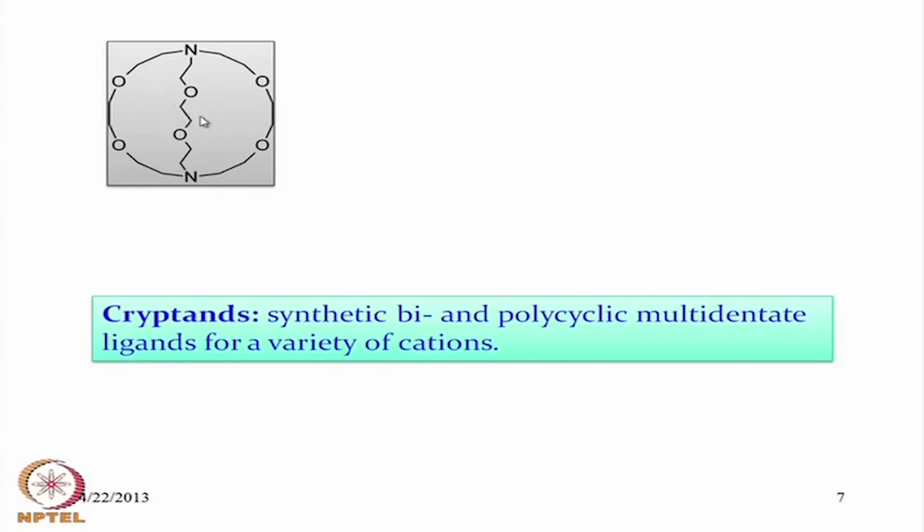So, when this potassium is centrally located, it binds to 6 oxygen atoms only, and these nitrogens are not utilized for any coordination to the metal center, because this particular nitrogen is pyramidal in nature. So, if the pyramid is like this, the lone pair is available on the other side of this nitrogen.